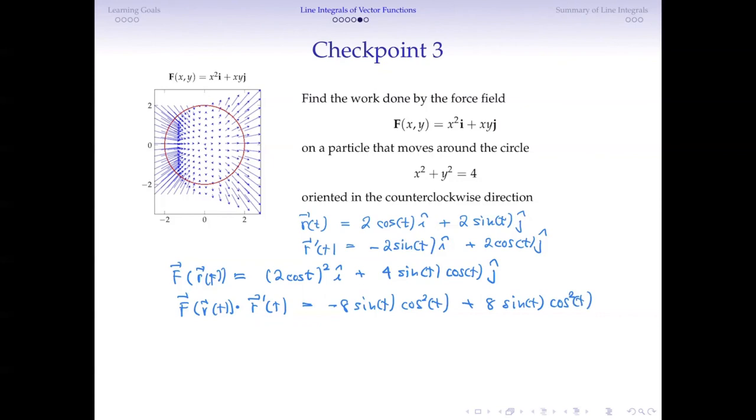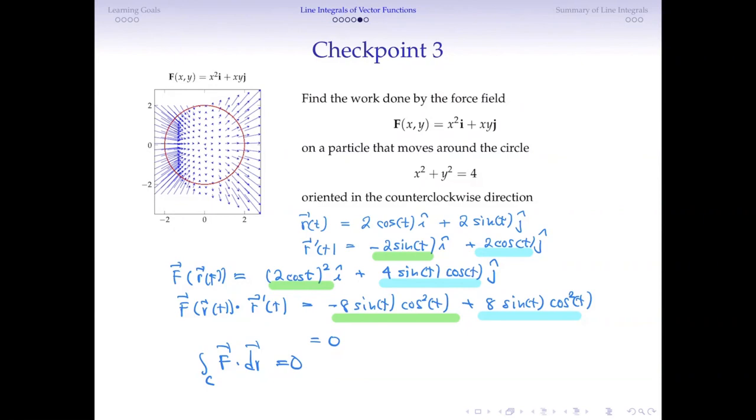Just to make it clear what's going on, I take the dot product of this component with this component to get the -8 sine t cosine squared t. And I take the dot product of this component with that component to get the 8 sine t cosine squared t. And what I notice is that the integrand is actually 0. So it's easy to see that the integral over this curve of the force with respect to r is 0.